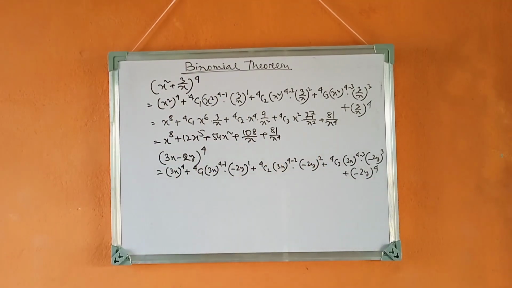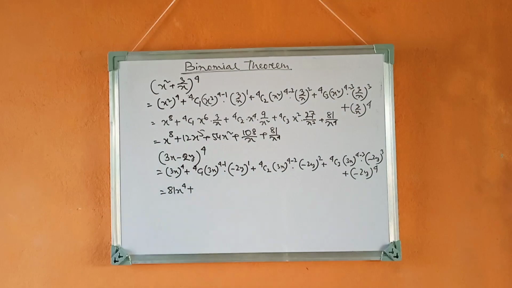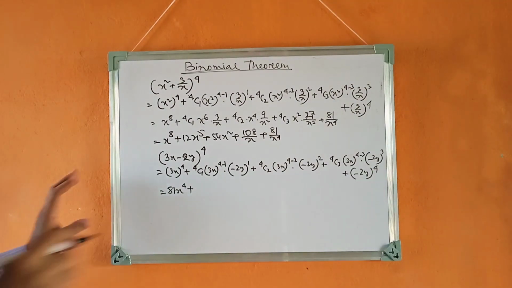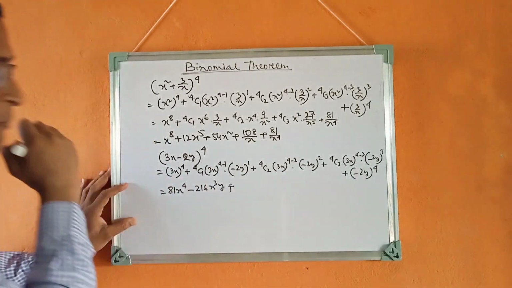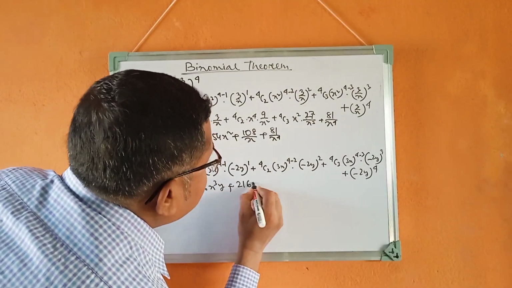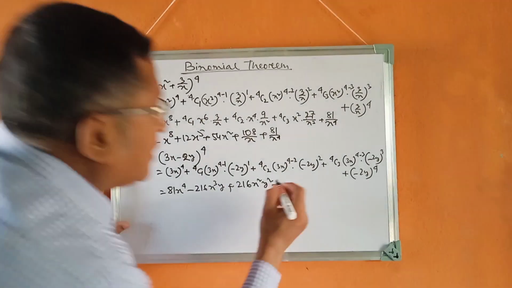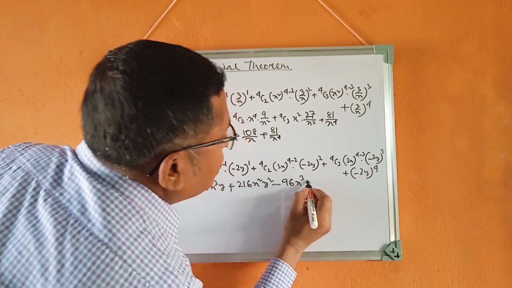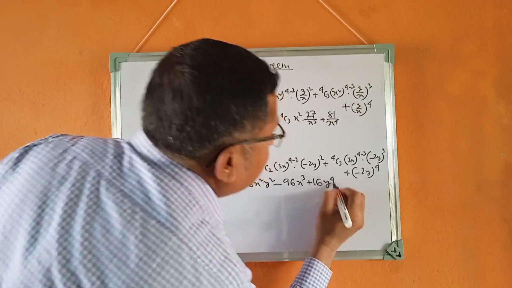Okay, so after calculation the final result is 81 x to the power 4, minus 216 x cube y, then again plus 216 x square y square, then again minus 96 x y cube, and the last term is 16 y to the power 4.